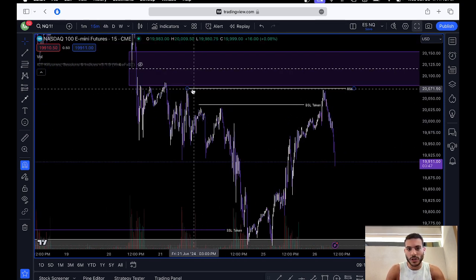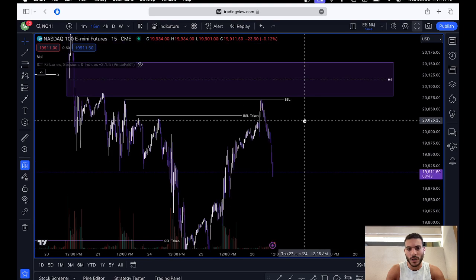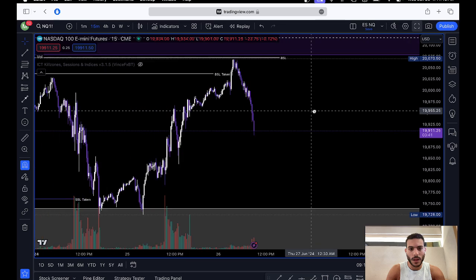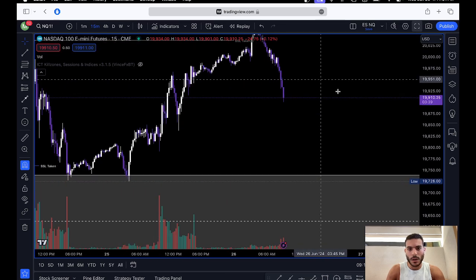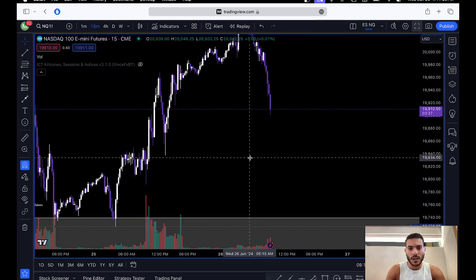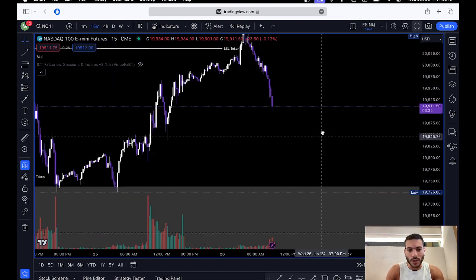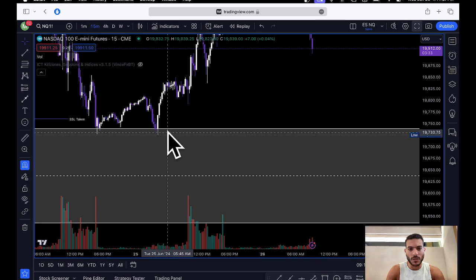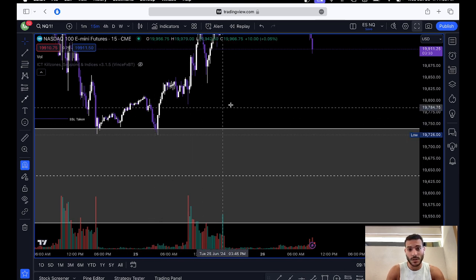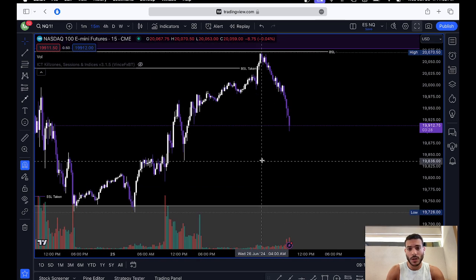However, the stronger drawn liquidity would be these relative equal highs up here, all right? So where are the next obvious levels if price wants to keep going down, right? And seek this liquidity. I mean, this would be a pretty major dump here.